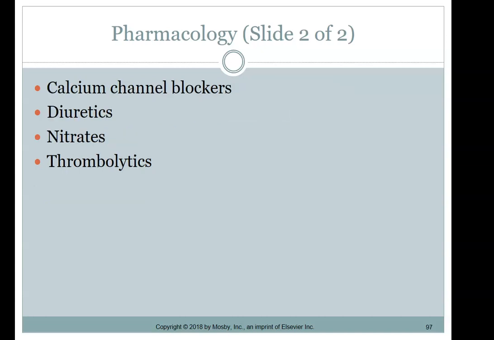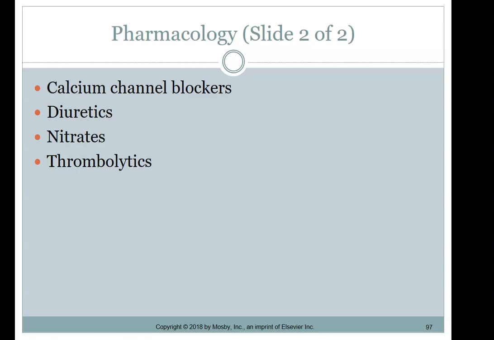Calcium channel blockers decrease myocardial oxygen demand by inhibiting the flow of calcium to smooth muscle cells of the heart, which causes arterial relaxation. The CCBs are used to treat angina, hypertension, and heart failure. Diuretics promote the excretion of sodium and water as urine. They are used in the treatment of hypertension and heart failure.